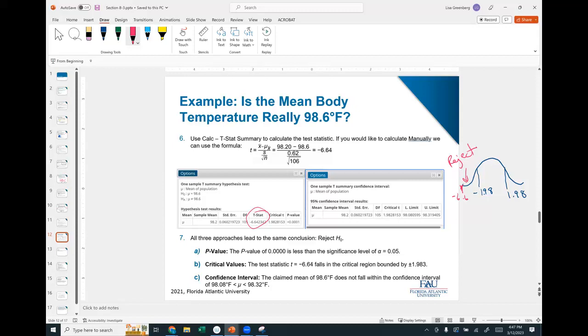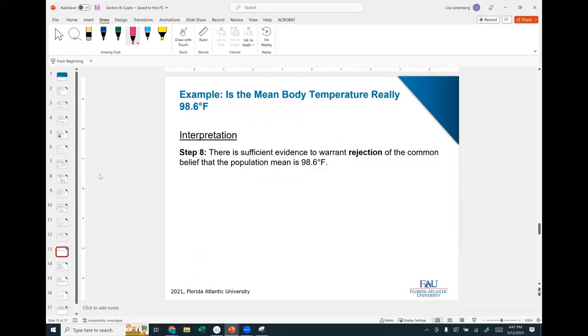Confidence interval: the claim value of 98.6 does not fall within the confidence interval, just like I showed you before. So everything that we did worked out perfectly. How do we interpret it? Here we have H0: mu equals 98.6, and H1: mu does not equal 98.6.